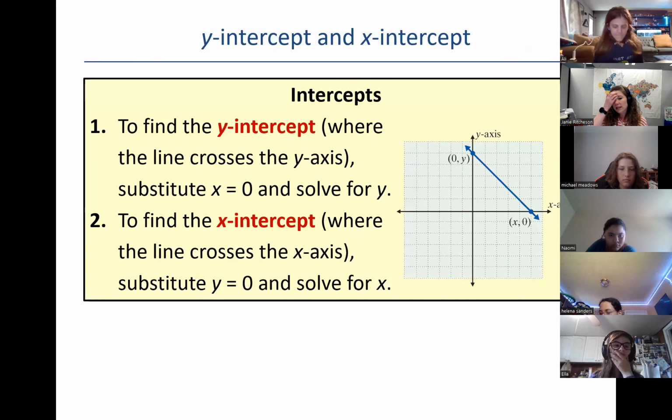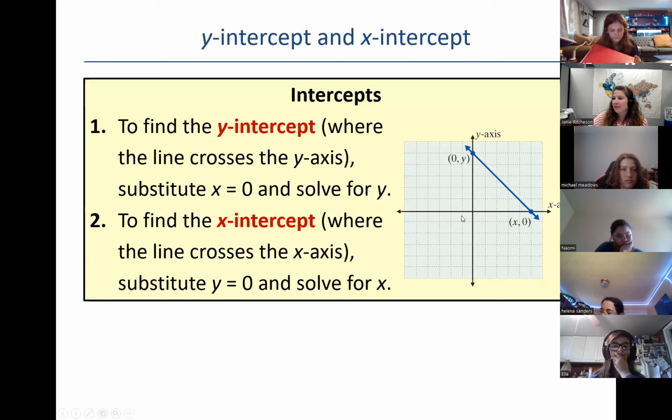All right, so like we've been doing, to find the y-intercept, we're going to substitute 0 for x. And the opposite is true. To find the x-intercept, we're going to substitute 0 for y.